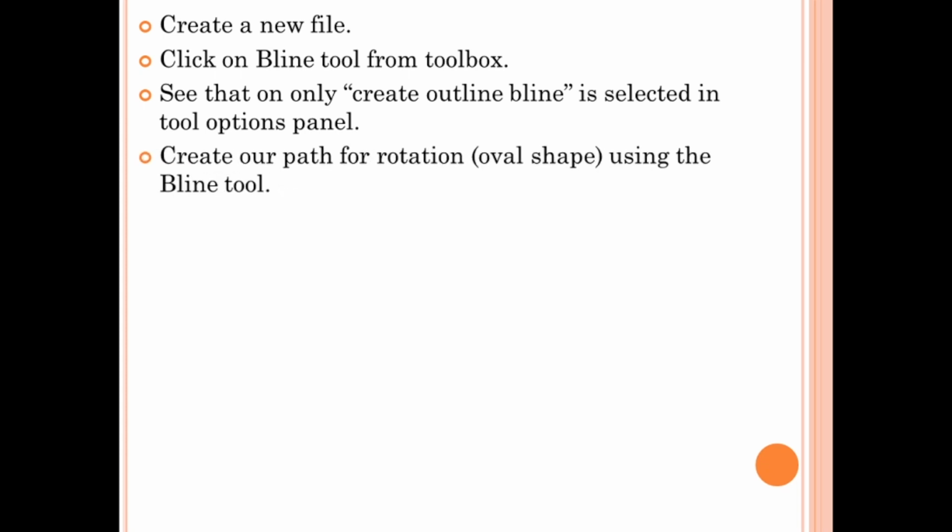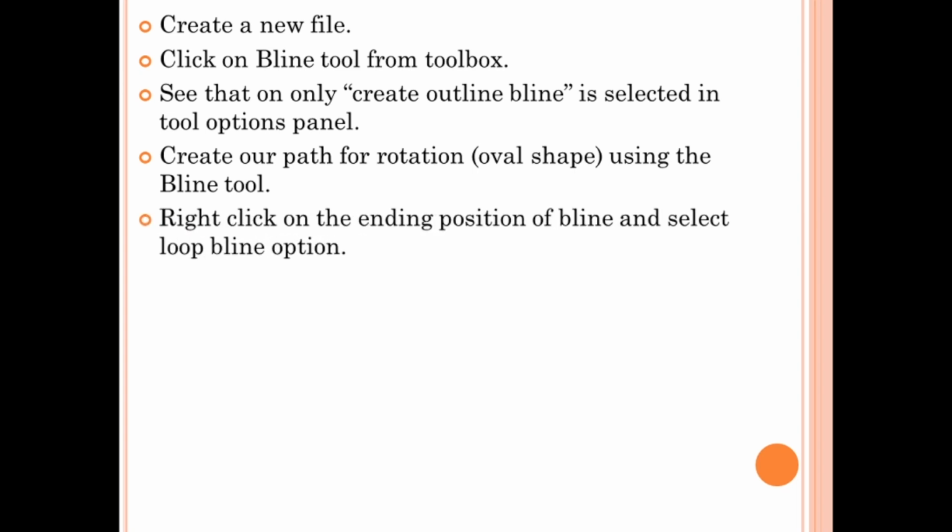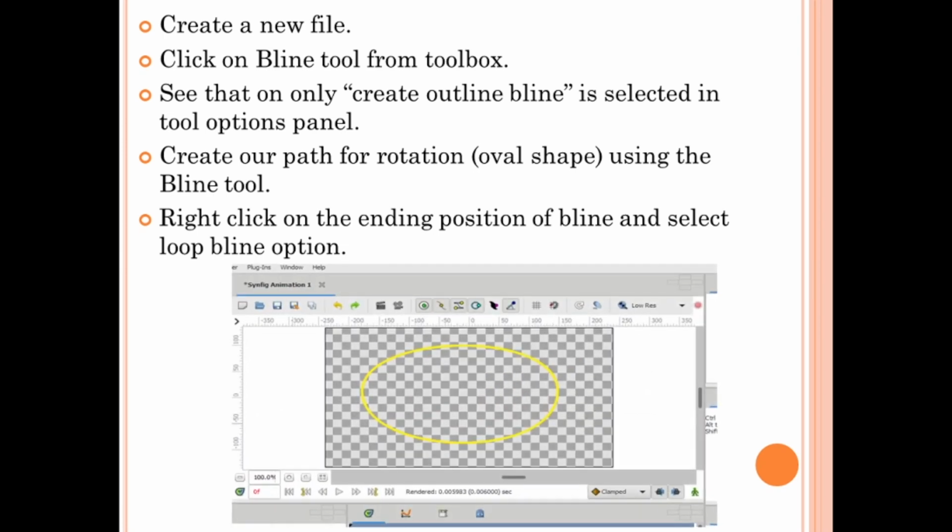Then create our path for rotation, that is an oval shape path, using the beeline tool. Then right click on the ending position of the beeline and select the Loop Beeline option. So here it will display this type of beeline. This is actually the path on which we want to move the circle.